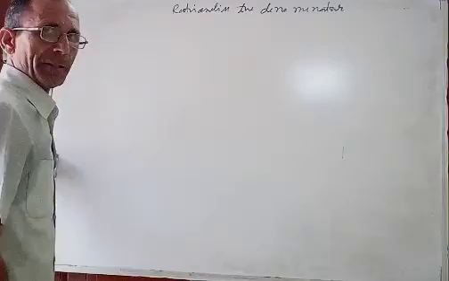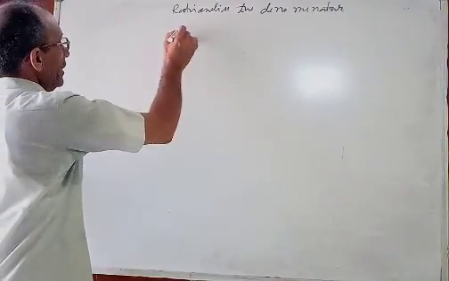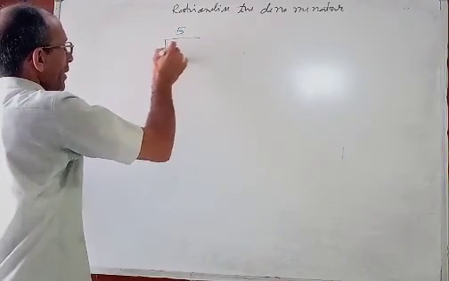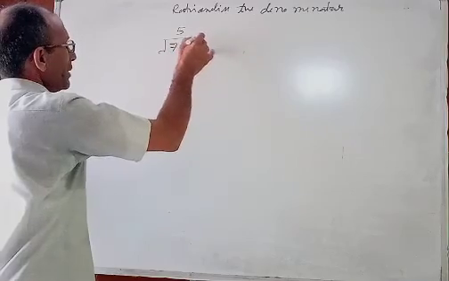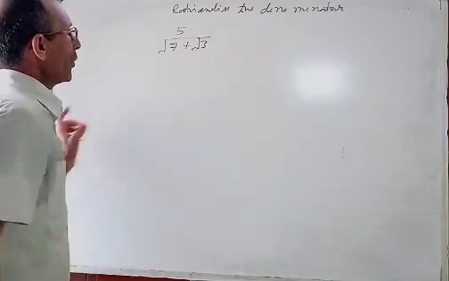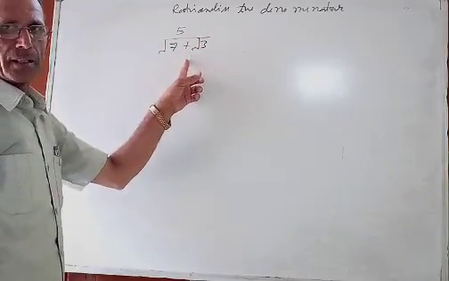Rationalize the denominator. For example, 5 by root 7 plus root 3. So we have to rationalize the denominator.